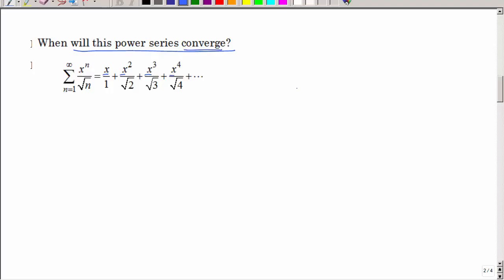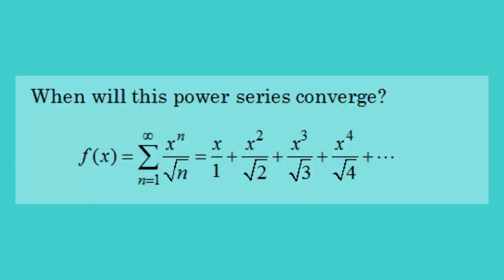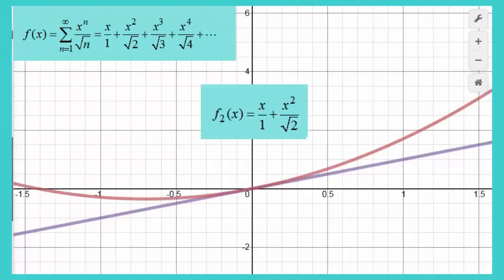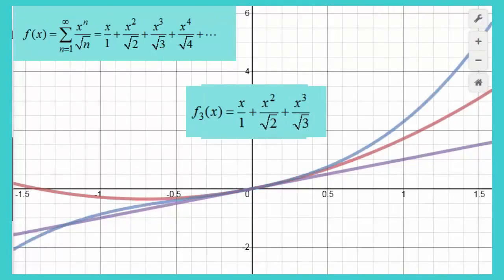Let's investigate the graph of this infinite series. When will this power series converge? The following animation will display these graphs, and as you watch it, see how these graphs converge between the values of -1 and +1.